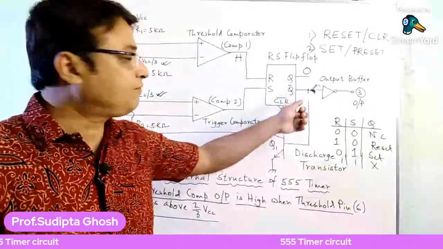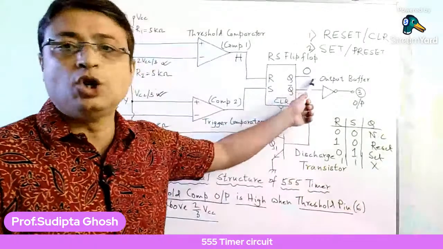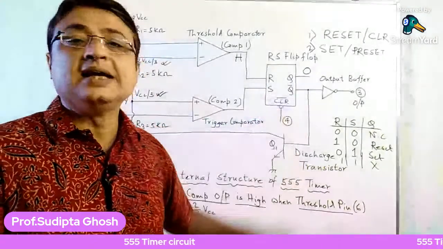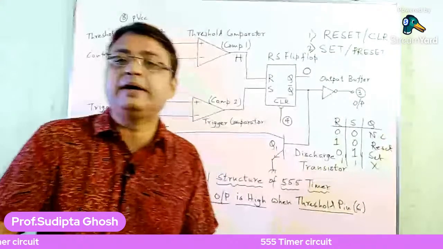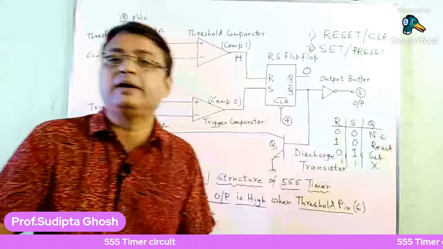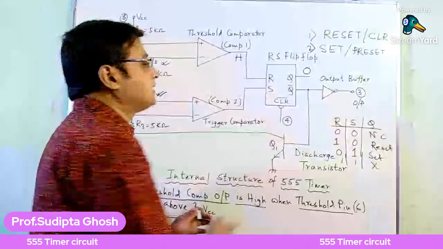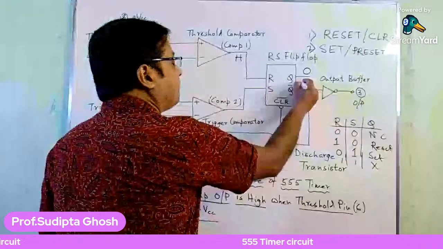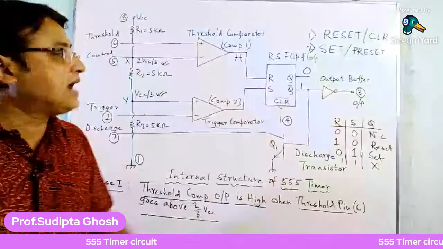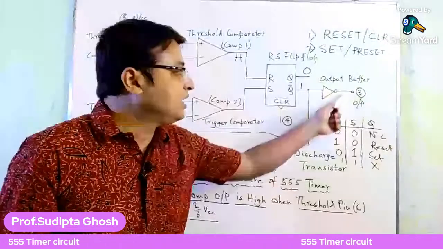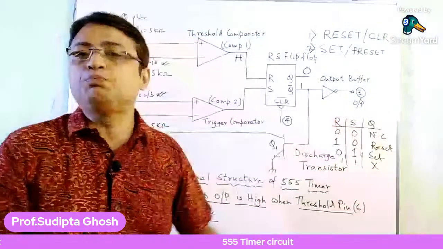Now let's find out, if this Q output is low, what is Q bar, the complement? As Q equals 0, the Q bar value will be 1.